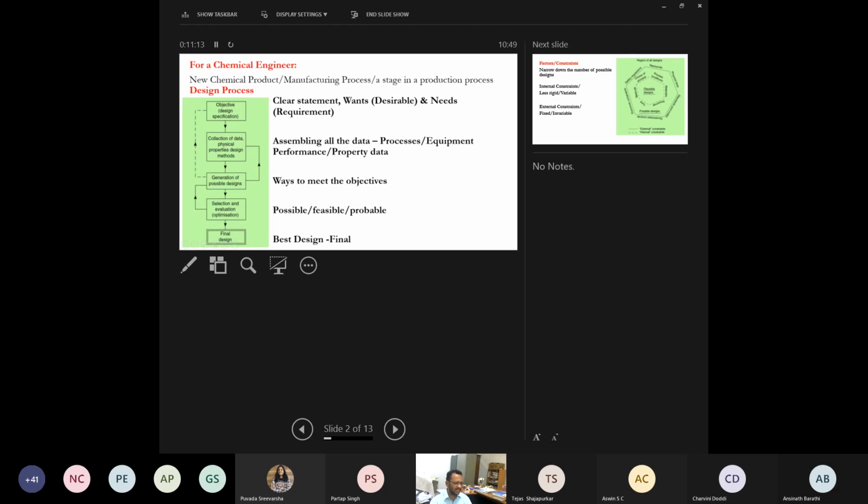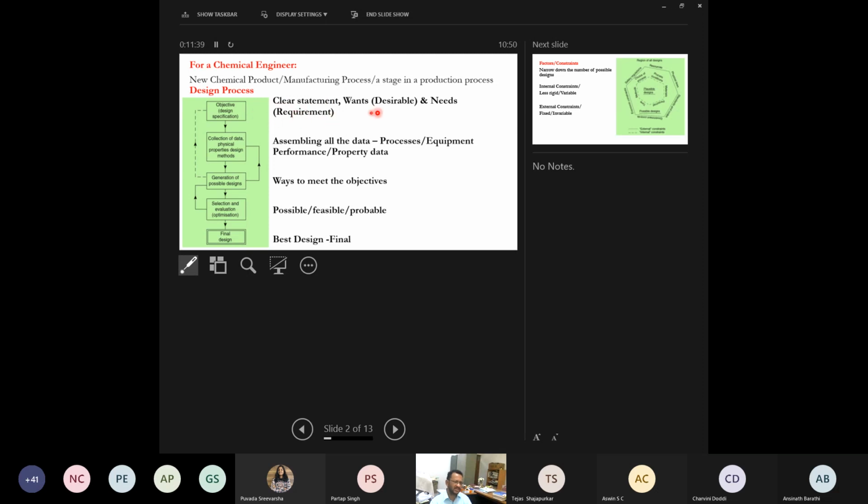From these data, we have to generate possible designs. Once you collect the data, because our objective may be a clear statement or an ill-defined statement.